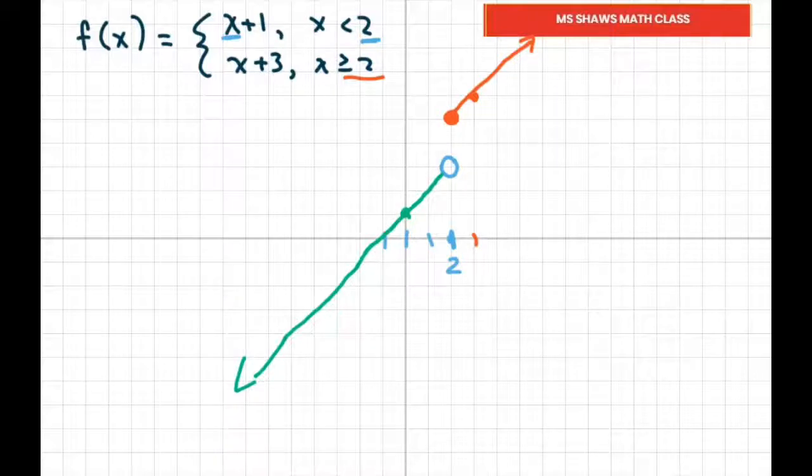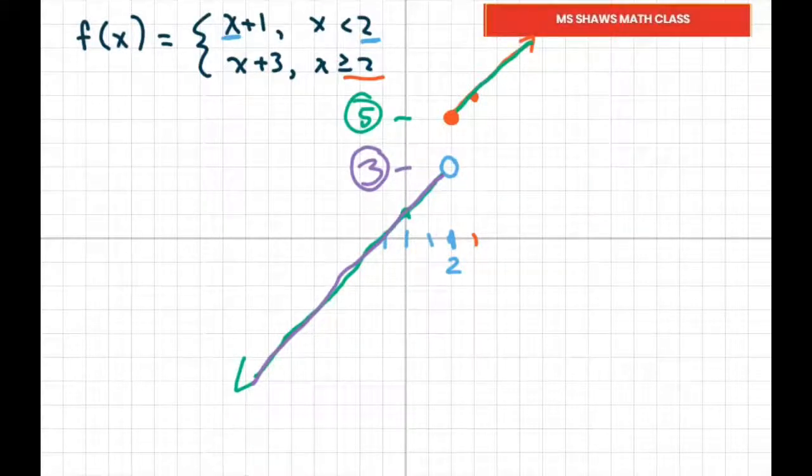So this is why condition 2 failed, because as you approach 2 from the left of 2, it gets closer and closer to 3. However, when you approach 2 from the right of 2, it gets closer and closer to 5.